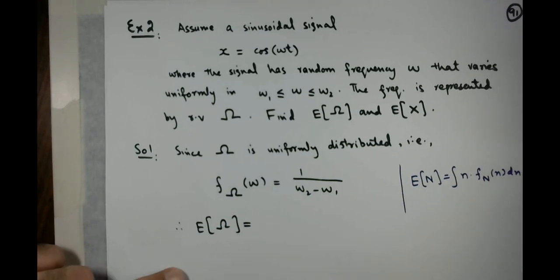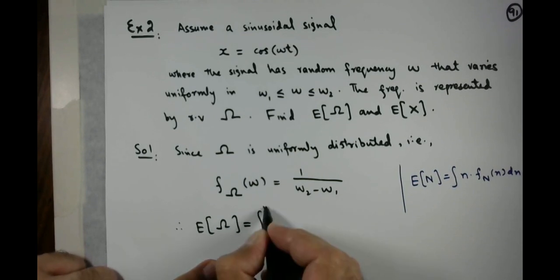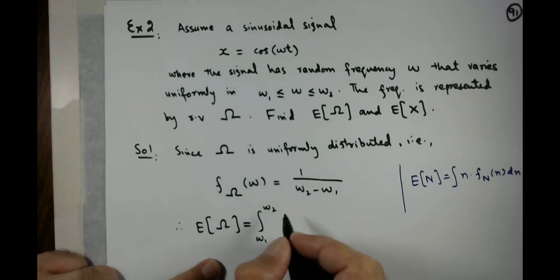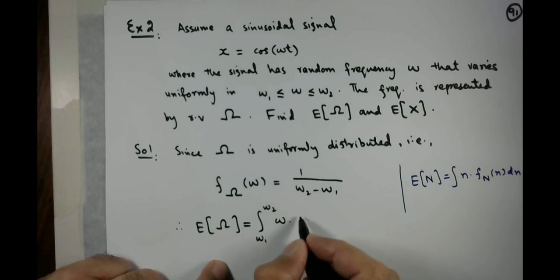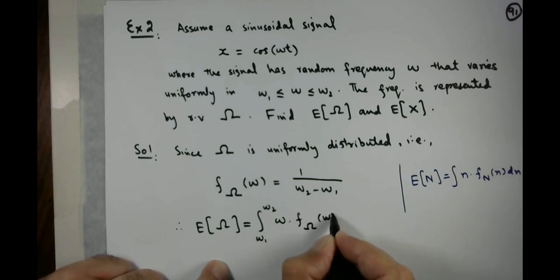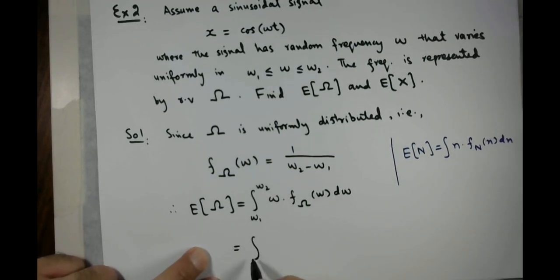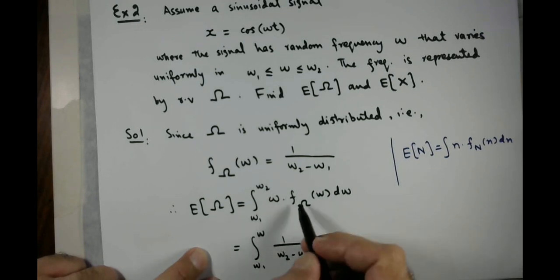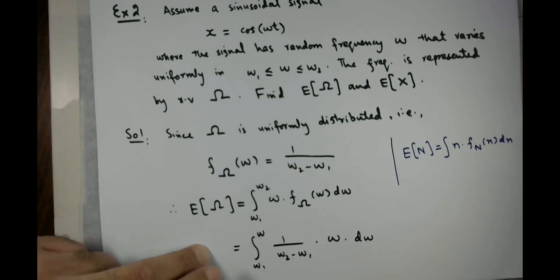So for the case of omega, you have from omega 1 to omega 2 the random variable omega times f sub omega of omega d omega. So this is nothing but the integral omega 1 to omega 2 of 1 over omega 2 minus omega 1, which is the PDF of omega, times omega times d omega.